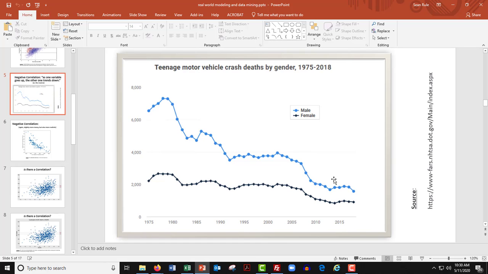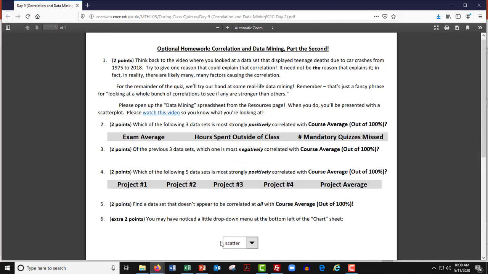Nowadays, a lot of areas on cars crumple under impact, which means you would protect the passengers and driver. So there's many, many reasons. I wasn't looking for any one particular reason, just an explanation, some kind of explanatory reason as to why they're going down.